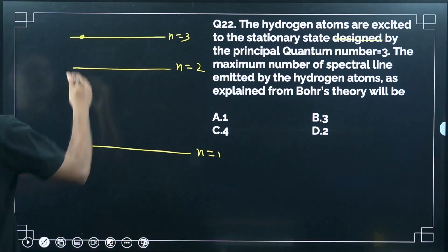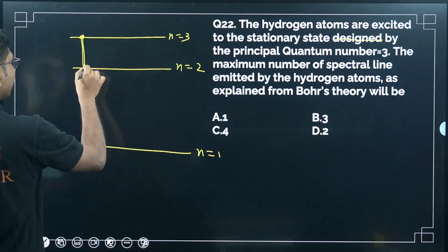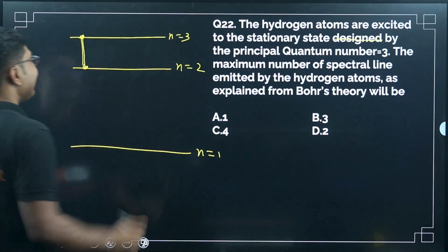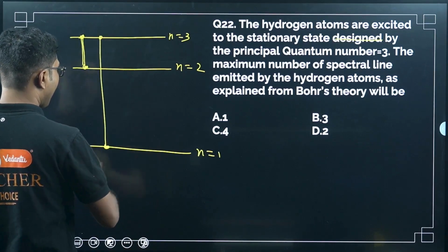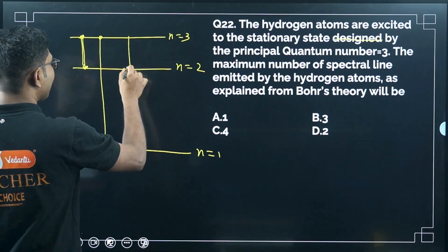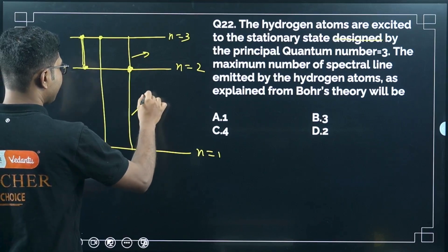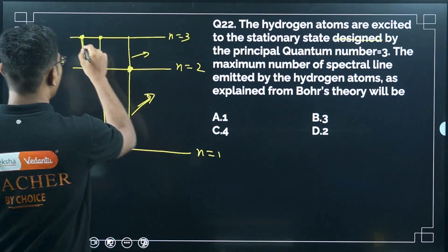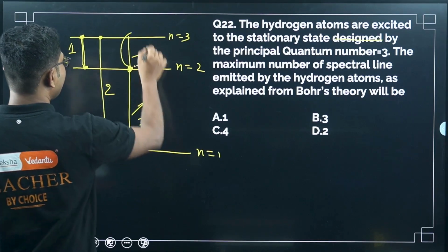Now when this electron comes back to the ground state, how many spectral lines can it emit? First, it can emit one by jumping from n equal to 3 to n equal to 2. Secondly, it can jump from n equal to 3 to n equal to 1. Once it reaches n equal to 2, one frequency is emitted, and from there to the ground state another frequency is emitted. So we get 1, 2 and 3.